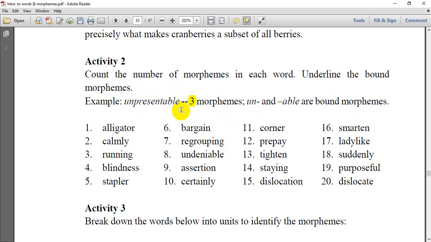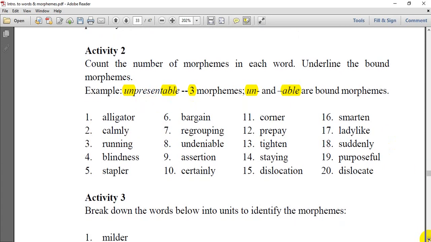Underline the bound morphemes: un and able are the bound morphemes, and present is the free morpheme. You can do it by yourself.